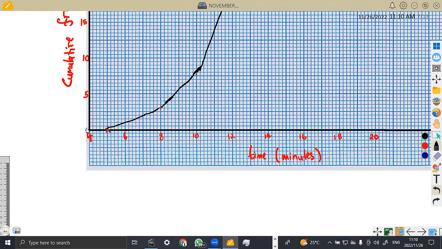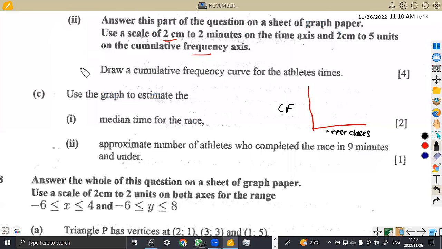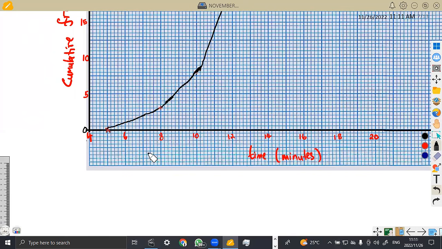Then here, that will be 0, 5, 10, and so forth. Remember, on the cumulative frequency, 2 centimeters represent 5 units, but time is 2 minutes. That's why we see 4, 6, 8, and so forth.